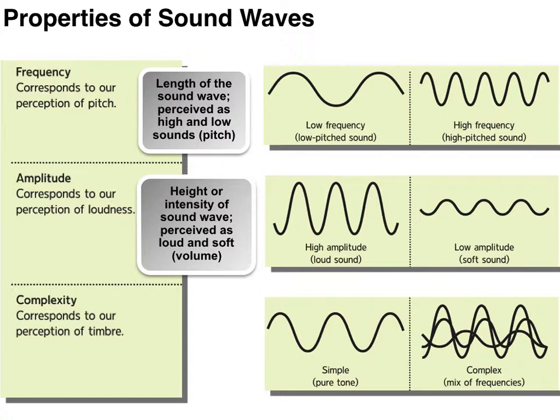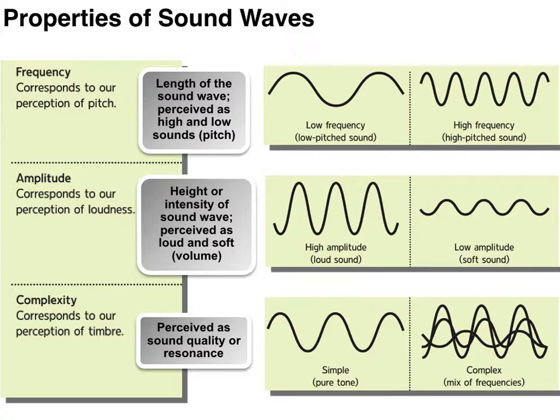And complexity is, again, about our perception of timbre, this difference between a pure tone or a mix of frequencies. And we see this as resonance as well. So here's an example. So that's a pure tone. This is just that normal curve that we're going to be talking about, where a complex sound is going to be a mixture of frequencies and a mixture of these things.